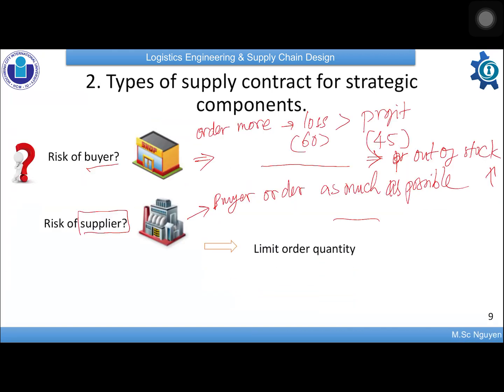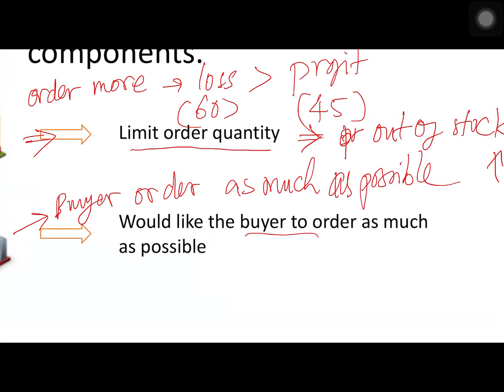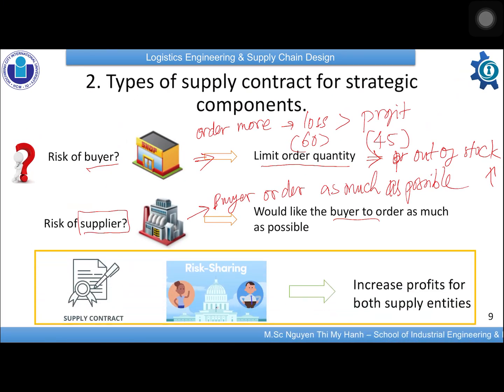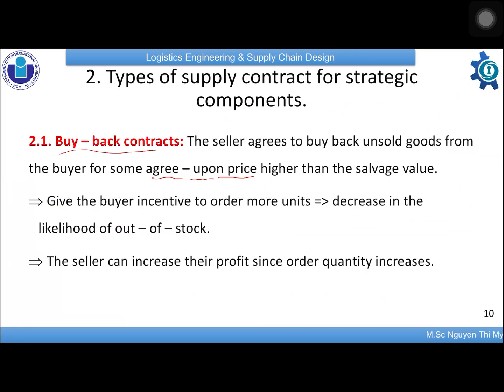So if they sign the buyback contract, the seller will buy back those unsold products at a price higher than $20. When they sign this contract, the buyer will have more incentive to order more products.